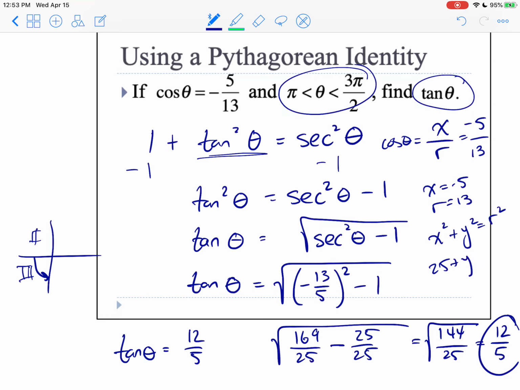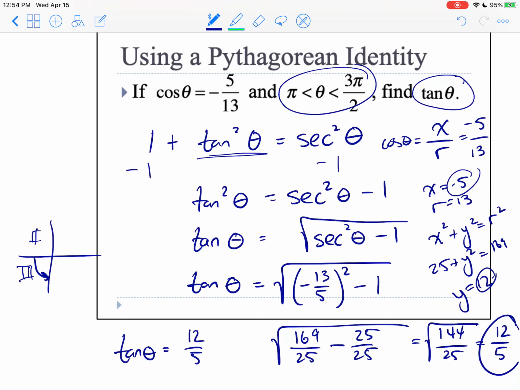And so 25 plus y squared equals 169, which gives me y is equal to 12. And I get the definition of tangent, which is sine of theta over cosine of theta, or y over x. So that would be 12 over 5.